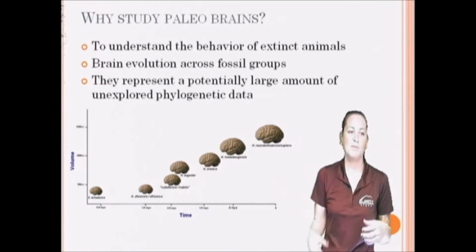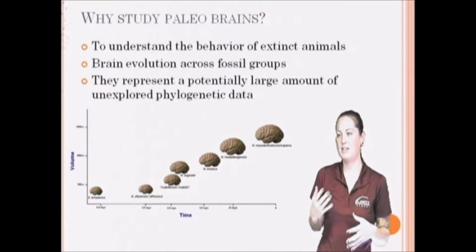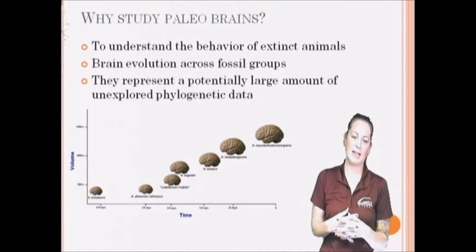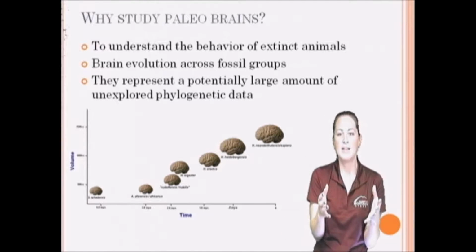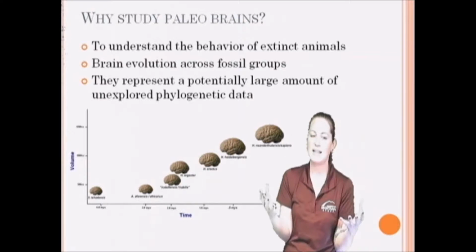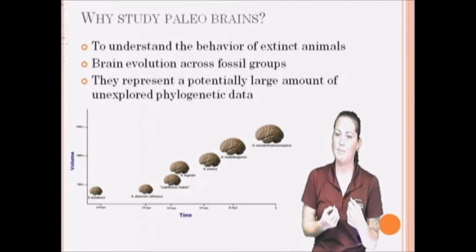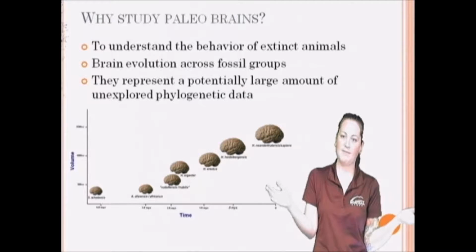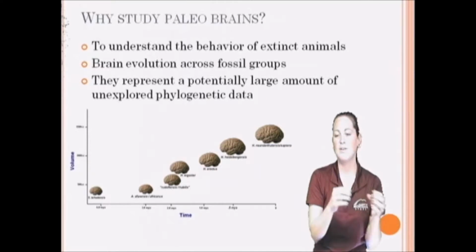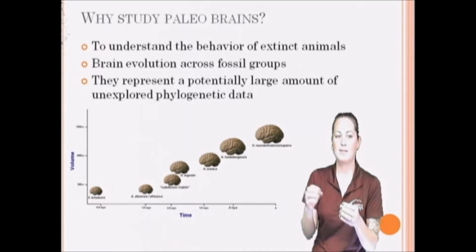And then they also represent potentially large amount of phylogenetic data that we don't normally look at. So normally when we're trying to group different species of extinct animals together, all we look at are the bones and teeth mostly. So this gives us a whole other line of evidence of how closely or distantly related these fossil groups are.